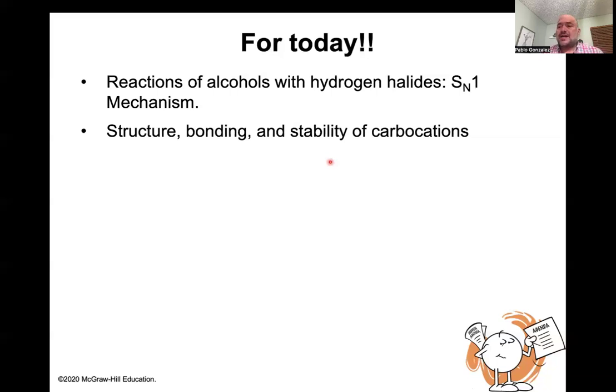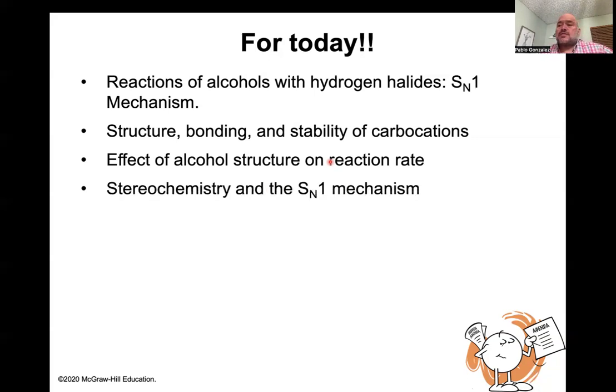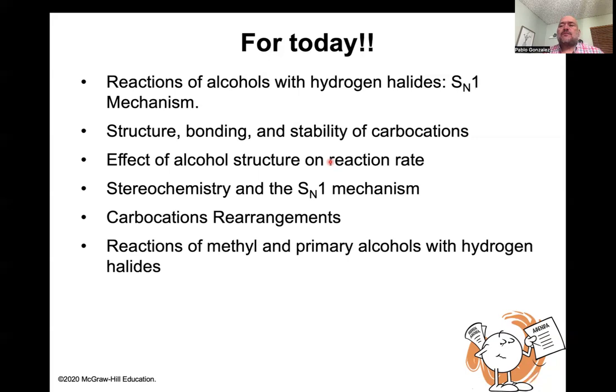is known as the carbocations, the effect of alcohol structure on reaction rate, specifically for this alkyl halide type of reaction, stereochemistry, and the SN1 mechanism. We're going to talk a little bit about carbocation rearrangement and also the reaction of methyl and primary alcohols with hydrogen halides.